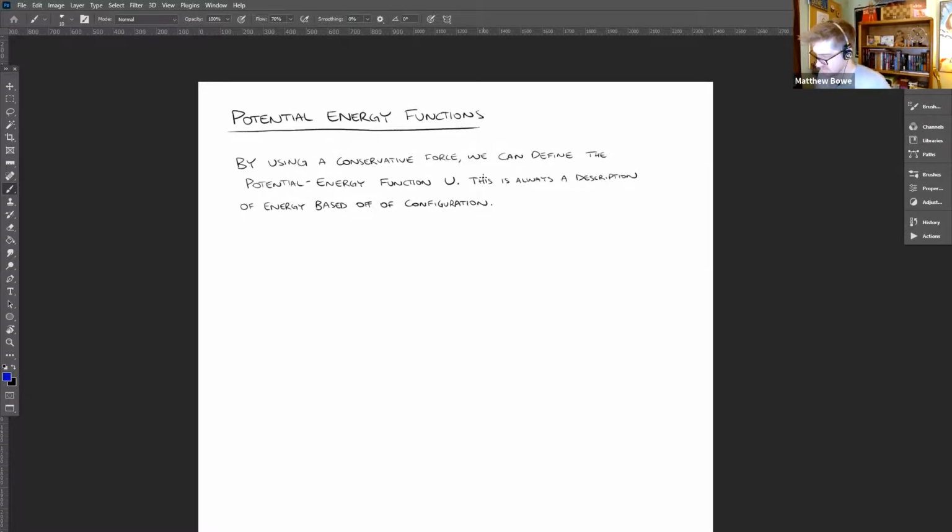So for this potential energy function, we're first assuming that it's a conservative force, so we don't have to deal with where this leak of energy is happening. We're just going to assume it's conservative, and we're going to say that the change of potential energy is, well, that's just basically 2 minus 1.